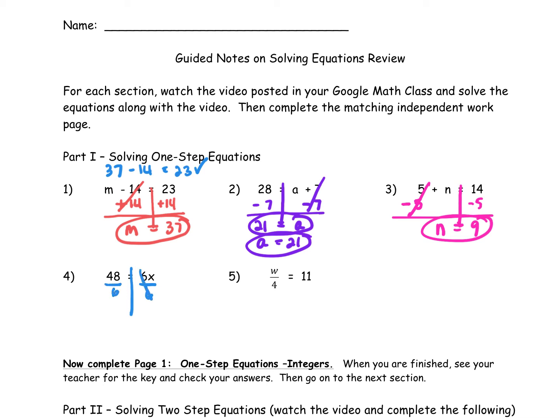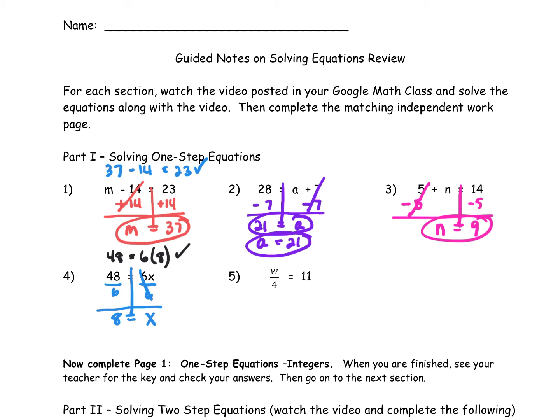So 6 divided by 6 would be 1, dropping down our variable x, and 48 divided by 6 is 8. If I was unclear about that, I would say 48 equals 6 times 8, and we think our answer is 8. And that is true. That's a check.